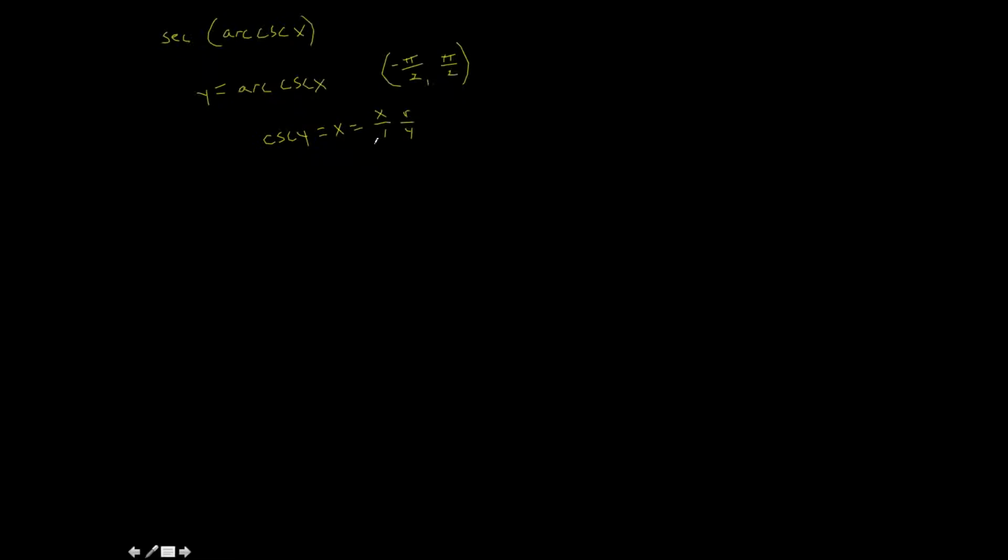Alright, so now here's the part with arc cosecant that you've got to be very careful on. Okay? Now, because it's between negative pi over 2 and pi over 2, there are two possible reference angles for y. One in quadrant 1 if x is greater than or equal to 1, and one in quadrant 4 if x is less than or equal to negative 1.